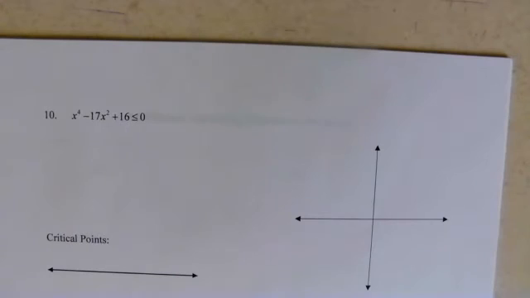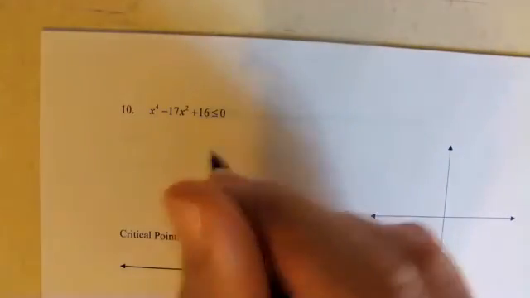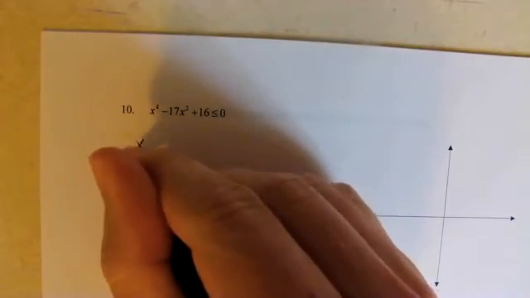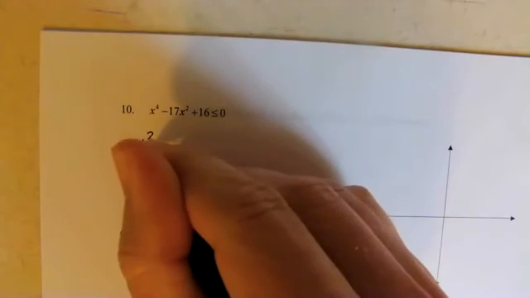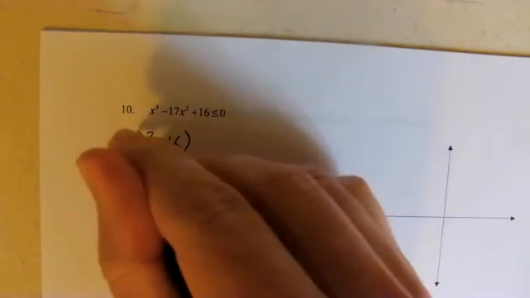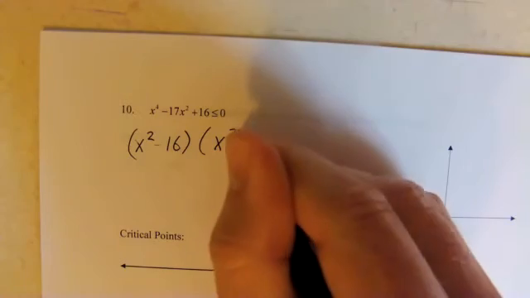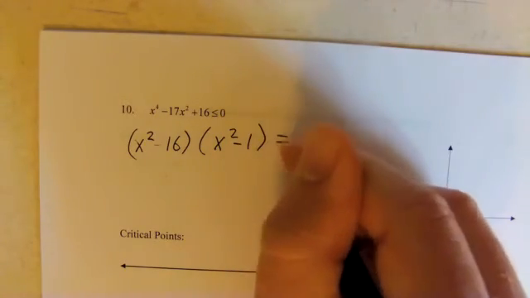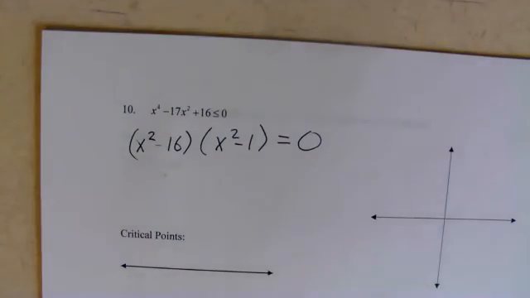We've got yet another example of this. To get a -17, we could do 16 and 1. So I'm writing this as x squared minus 16 and x squared minus 1, ignoring the substitution for the time being.